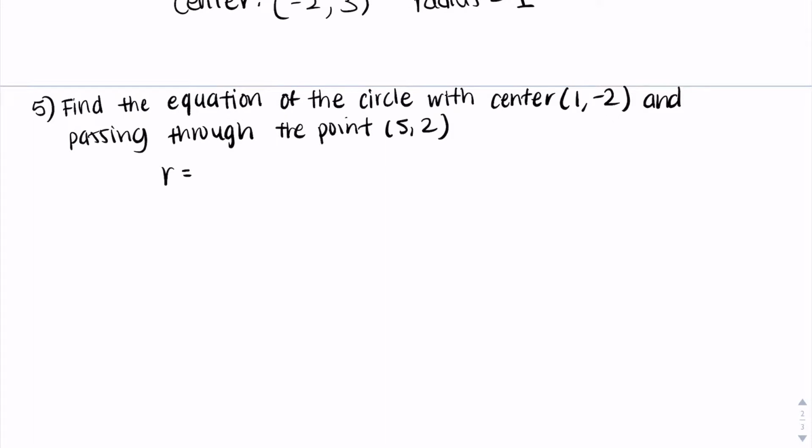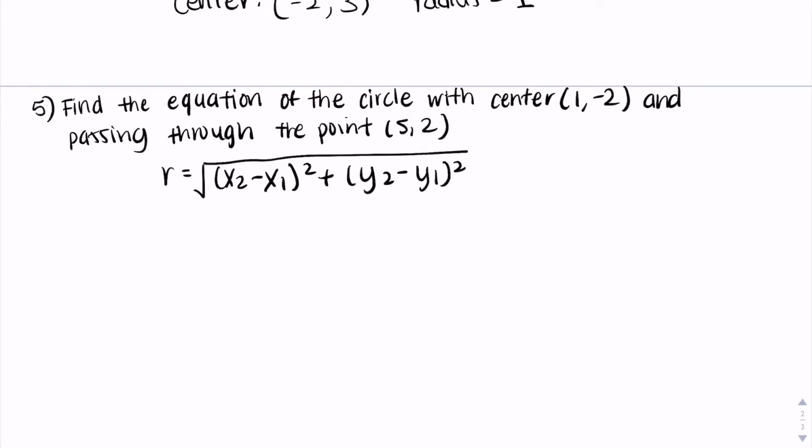Same thing as before. So let's label as x1, y1, x2, y2. Now you just have to plug it into this formula. So x2 is 5.